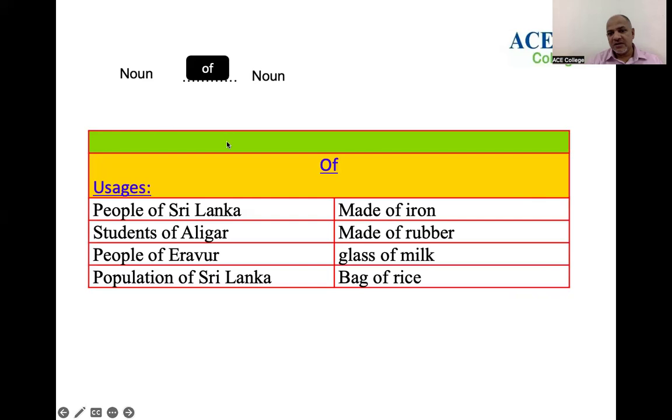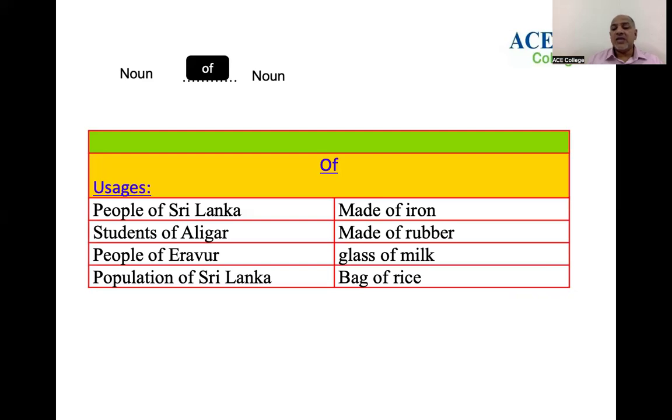You understand? In English you have to remember certain rules, no question for that. Made automatically of. Made of what? Made of rubber, plastic, paper. You have to automatically use it, not "made in plastic". Made of plastic. Okay, made of paper. You have to remember that.